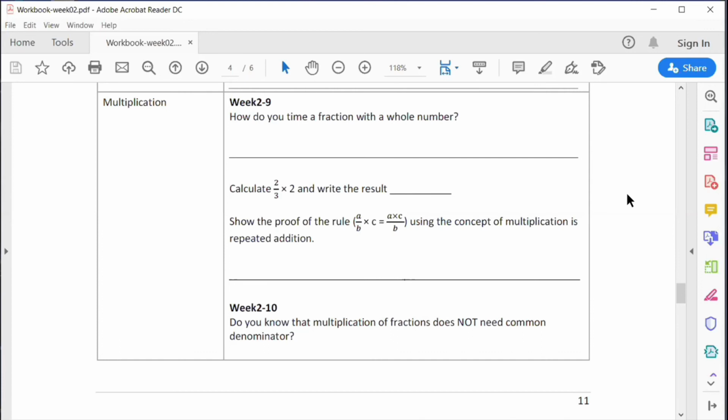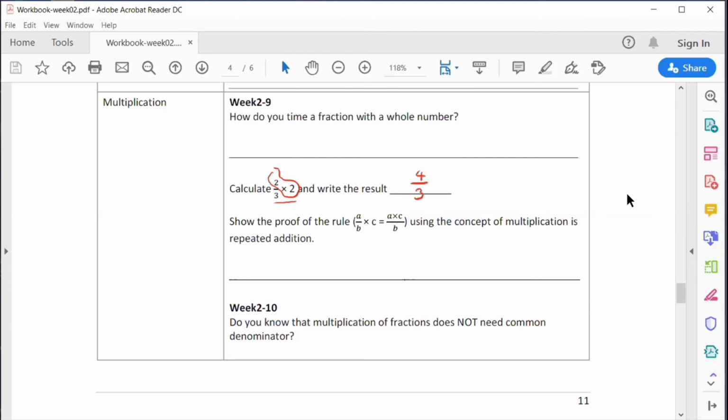Any of you want to tell me what you wrote down? Times the numerator with the number. Yeah, that's all you do. You time the numerator with the number. Then the next one we are going to calculate, so that is going to be so simple. Just time the numerator with the number. It's 4 out of 3. That's all it is.